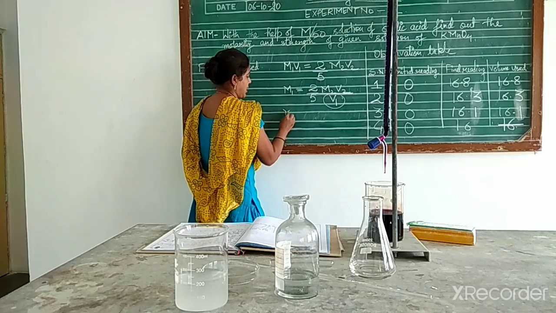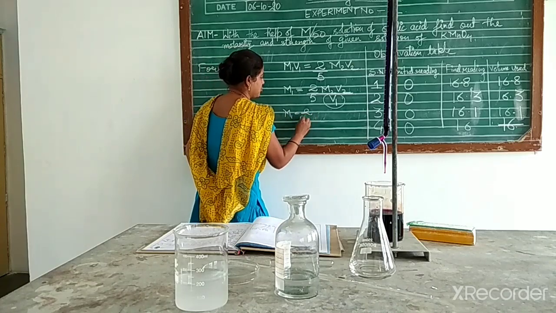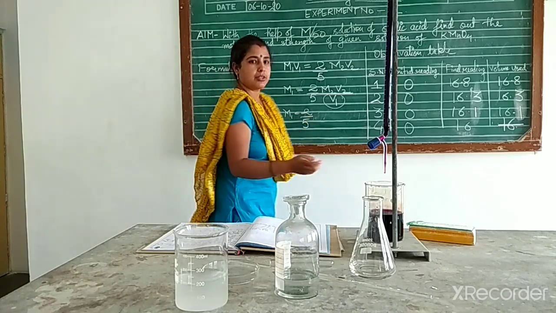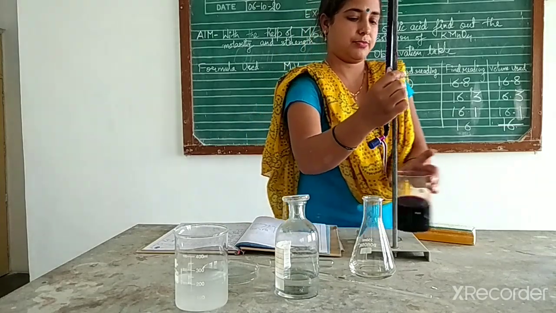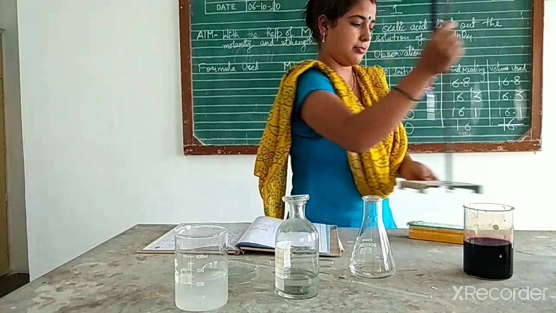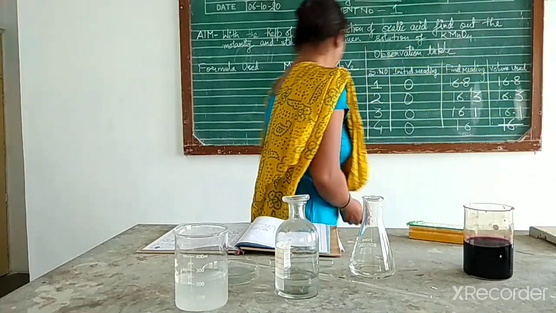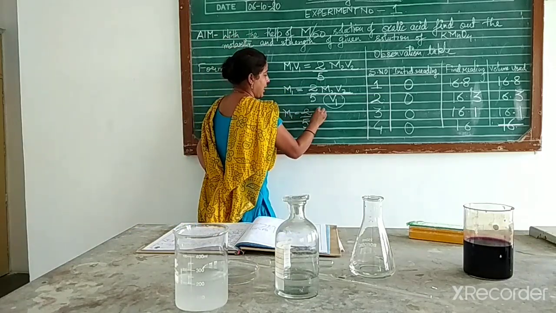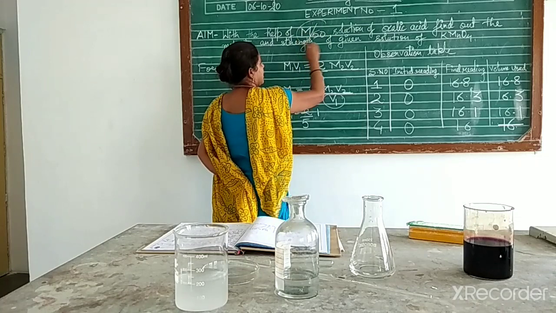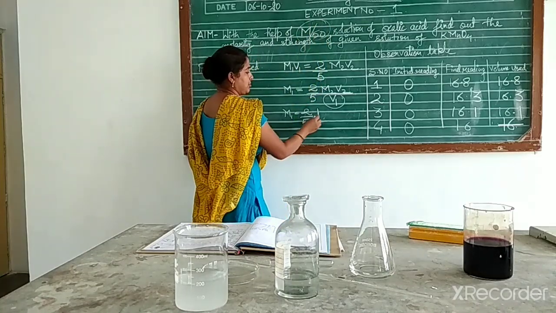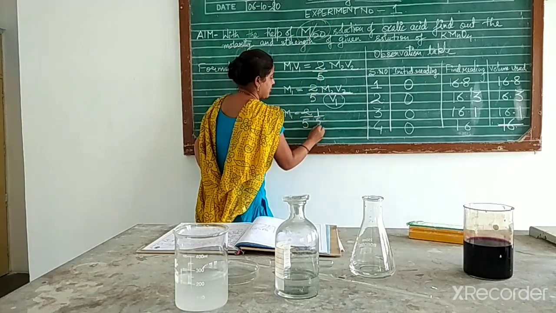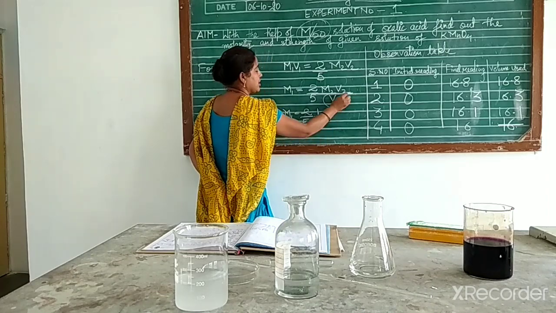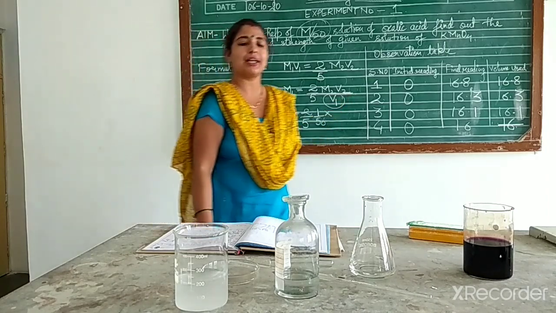It becomes M1 equals 2 upon 5. M2 is M by 50, which will be written as 1 by 50. V2 is the volume of oxalic acid taken.